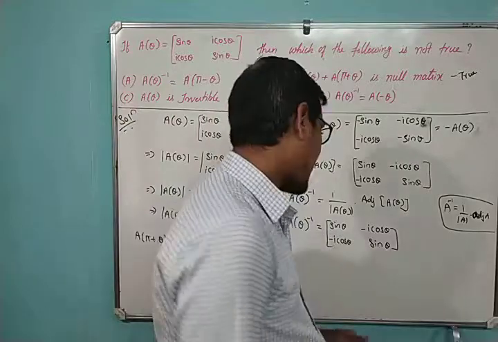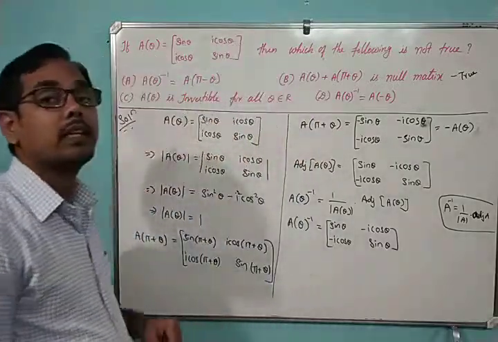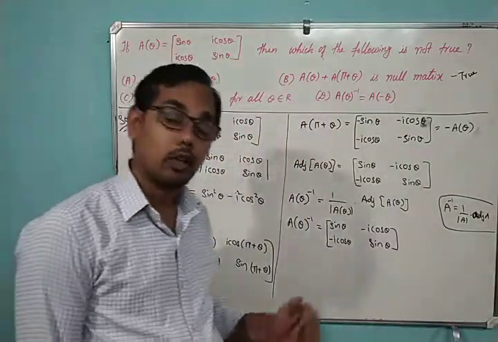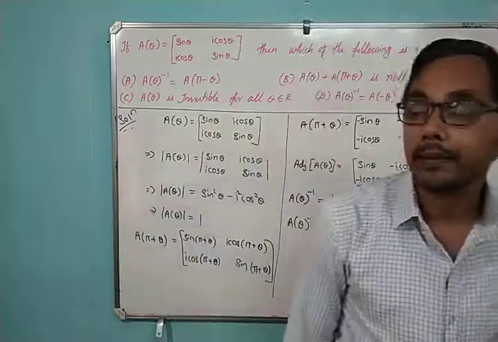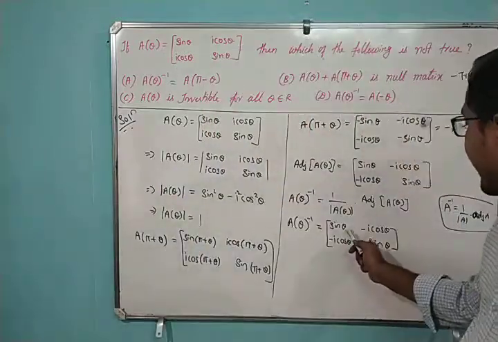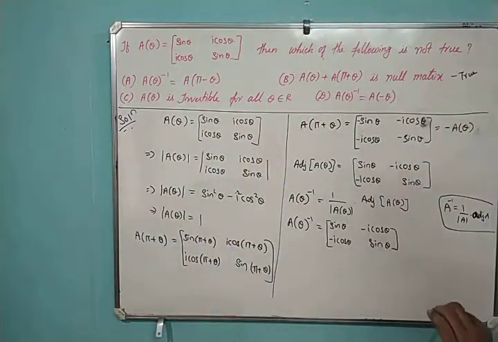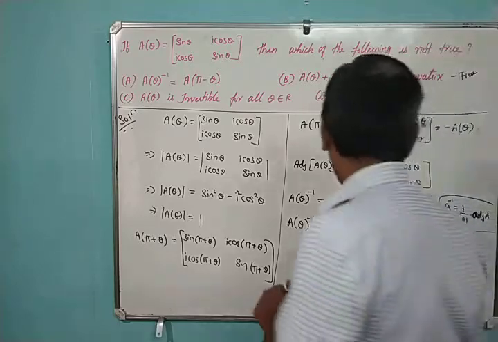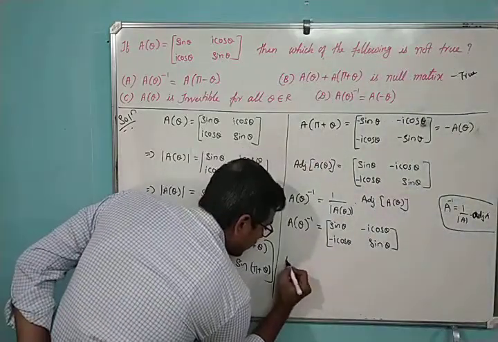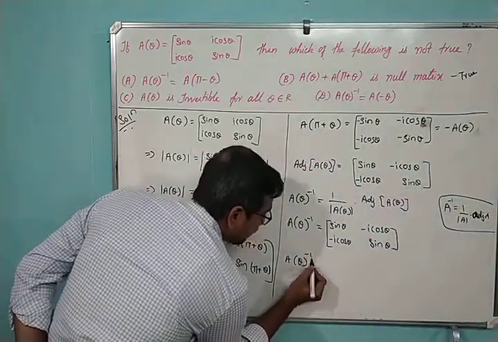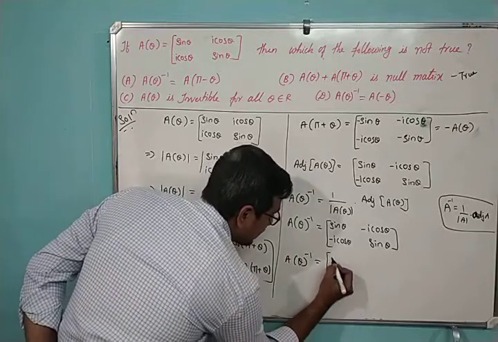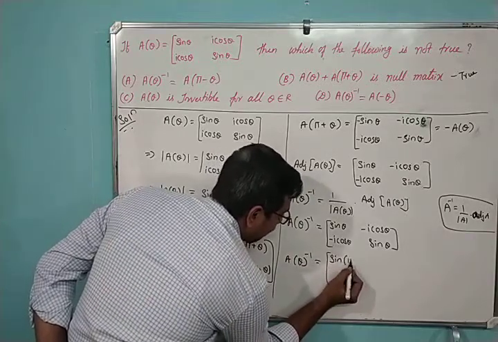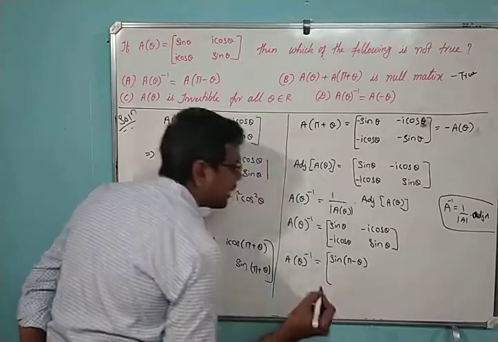So what is sin(A plus B)? That is sin A cos B plus cos A sin B. Similarly, sin theta can be written as sine of pi minus theta. So A of theta inverse can be written with sine of pi minus theta.